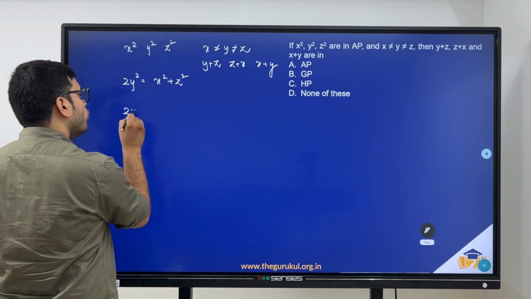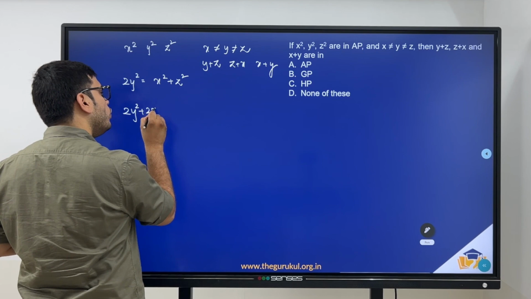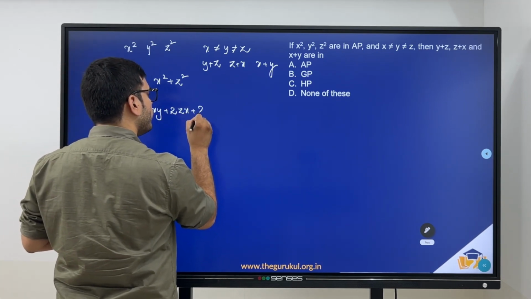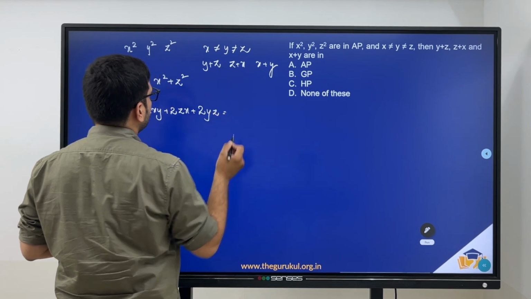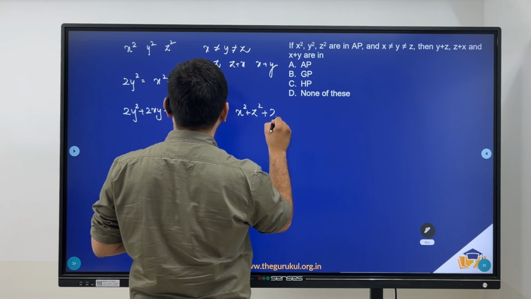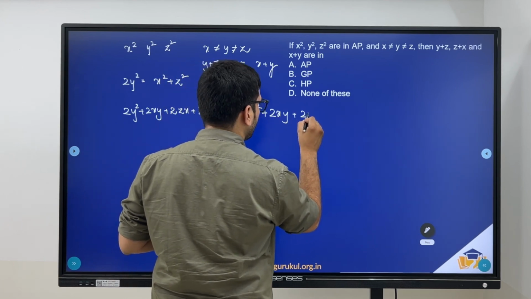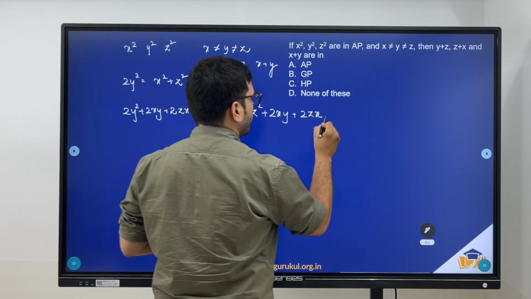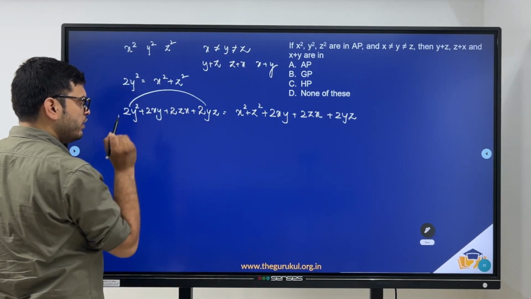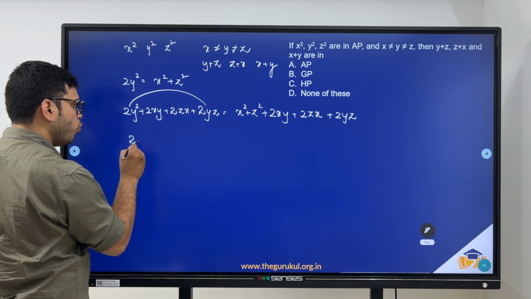So you'll be having 2y square plus 2xy plus 2zx plus 2yz is equal to x square plus z square plus 2xy plus 2zx plus 2yz. So between these two terms, let me take 2y common.